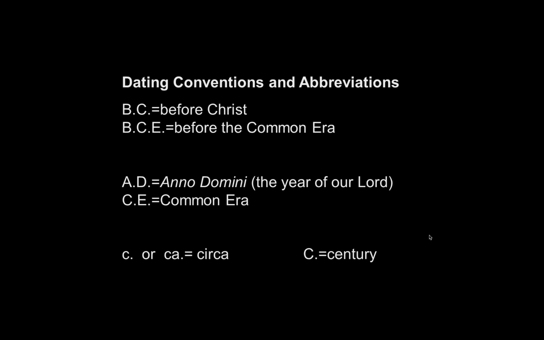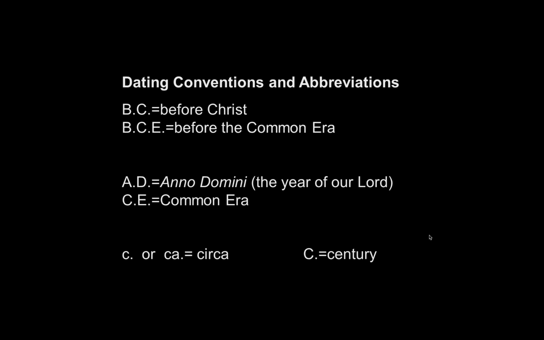And what historians decided is that was a very Christian-focused way of dating things. But we can't go back and just change how everything is dated and how we gave time periods. And so what they did was they changed those abbreviations.